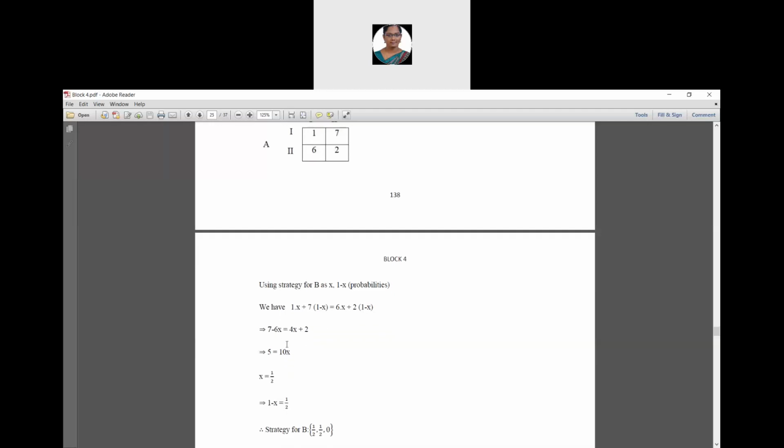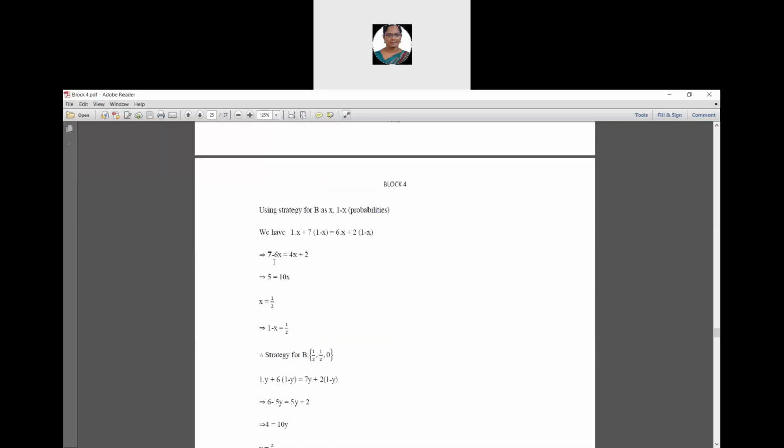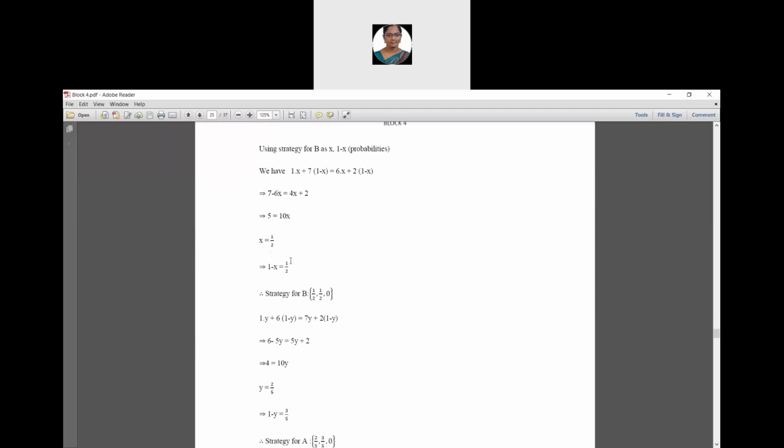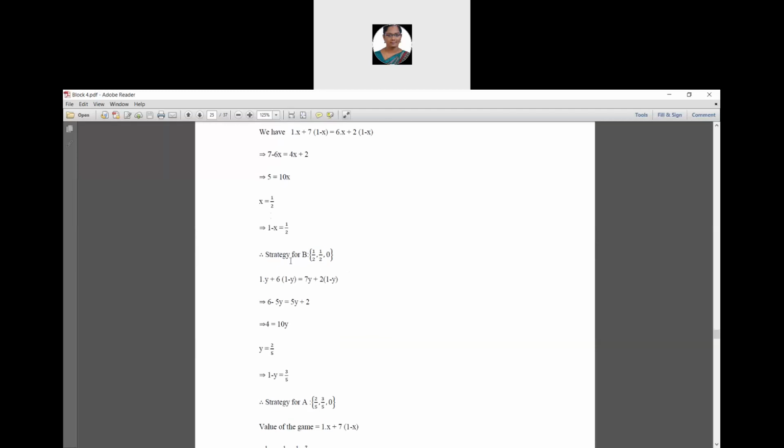Therefore, what do you get? 7 minus 6x equals 4x plus 2. Therefore, x is equal to half.